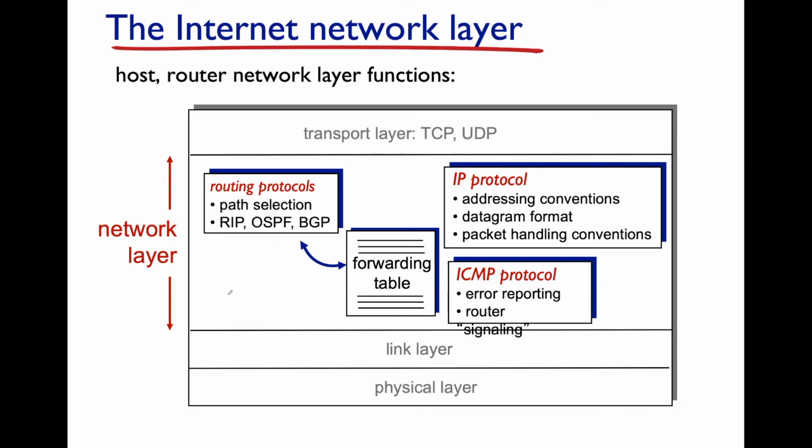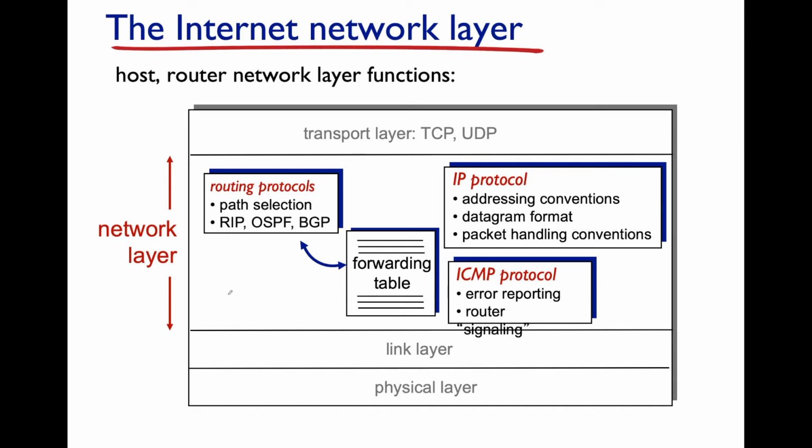And the popular ones are RIP, Routing Information Protocol, OSPF, Open Shortest Path First, and BGP, Border Gateway Protocol. And so these routing protocols result in a forwarding table that's set up to represent the path decisions made by path selection.